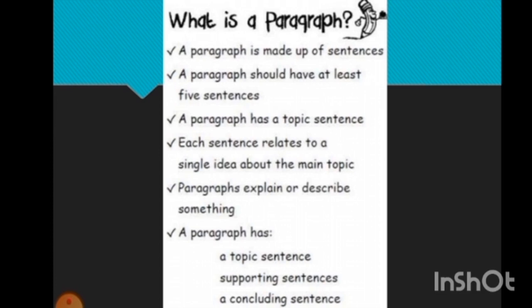Okay, so a paragraph has a topic sentence, a supporting sentence, and a concluding sentence. When you're writing, a topic sentence should always be there. The supporting sentence is the sentence that will connect all the paragraphs with each other, and the last one is a concluding sentence, which should always be there.